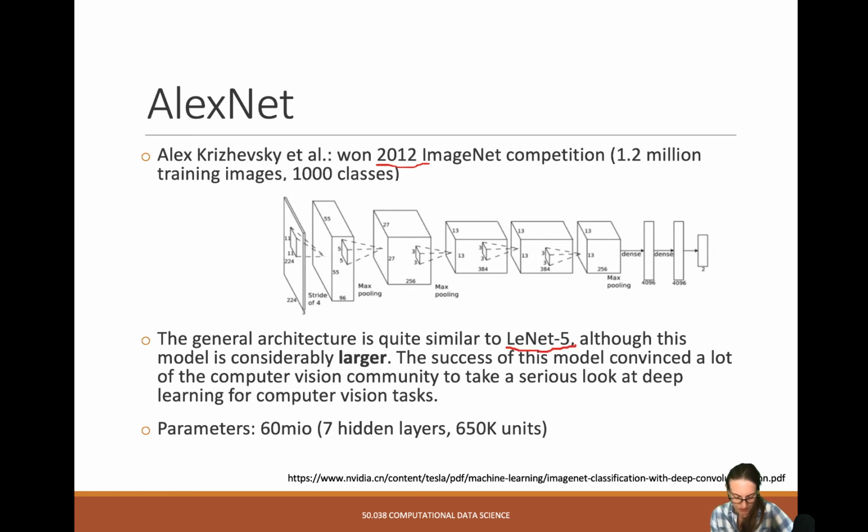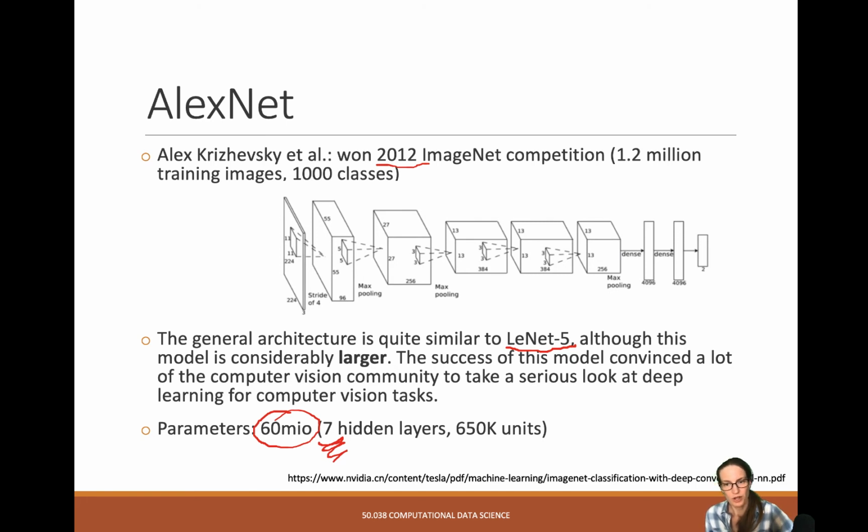However, the architecture is very similar. We have convolution, max pooling, convolution, max pooling, etc. It is a lot deeper. It has 7 hidden layers, which was quite revolutionary for the time. Now it's like, 7 layers, is it a deep neural network? And it has 60 million parameters, which is quite a lot.